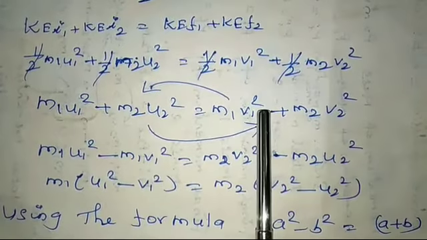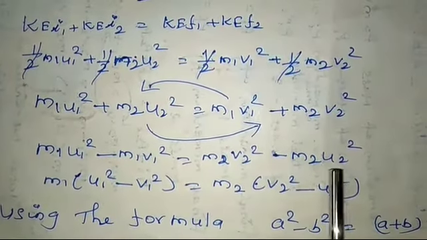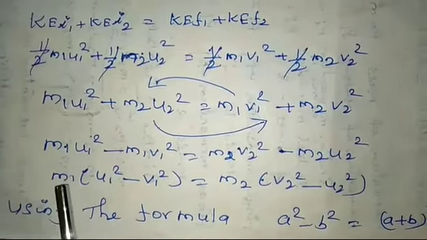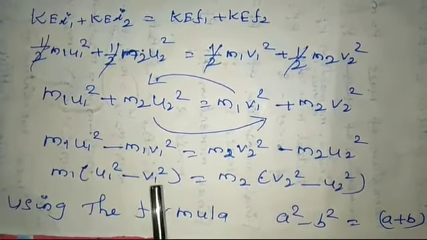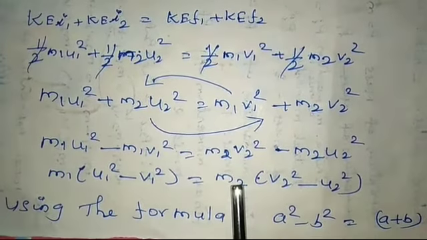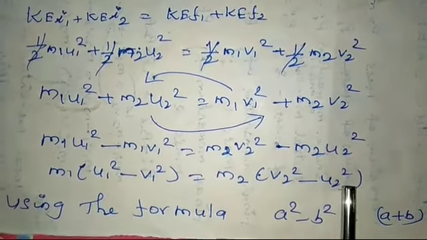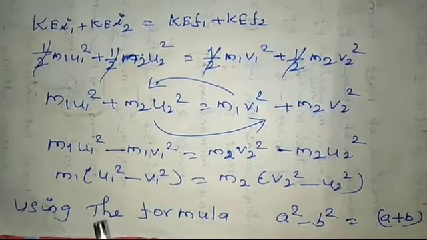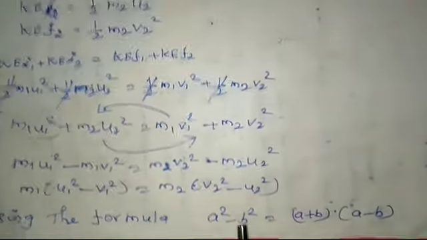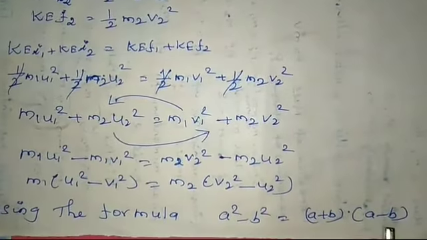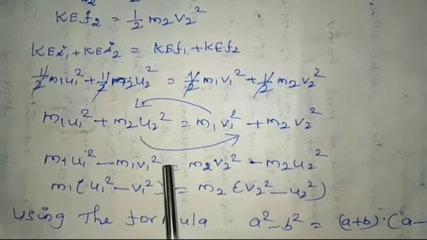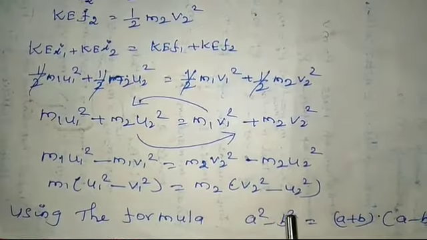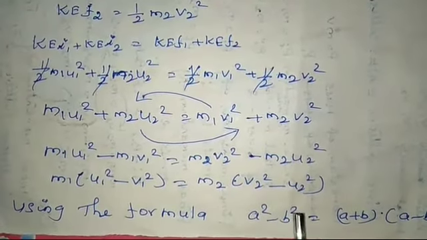This is coming here, so minus m2 u2 squared. So commonly we take m1 out, so m1 into u1 squared minus v1 squared is equal to m2 into v2 squared minus u2 squared. Using this formula, a squared minus b squared is equal to a plus b into a minus b. So we use the formula a squared minus b squared.